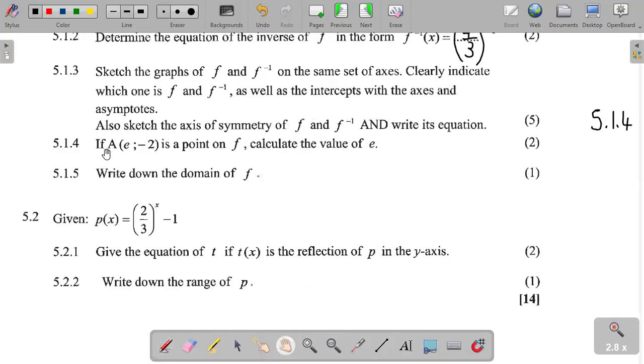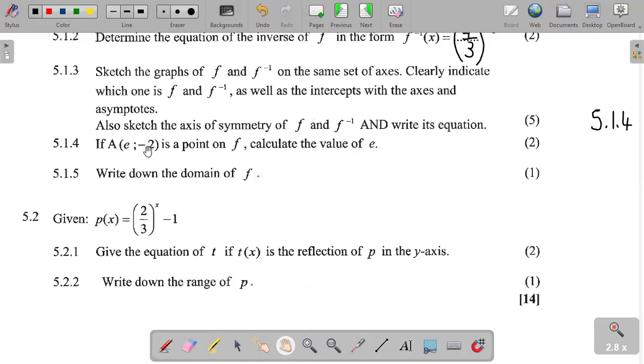If a, e, and -2 is a point on f, calculate the value of e. So it means that our y is what? Our y is -2.